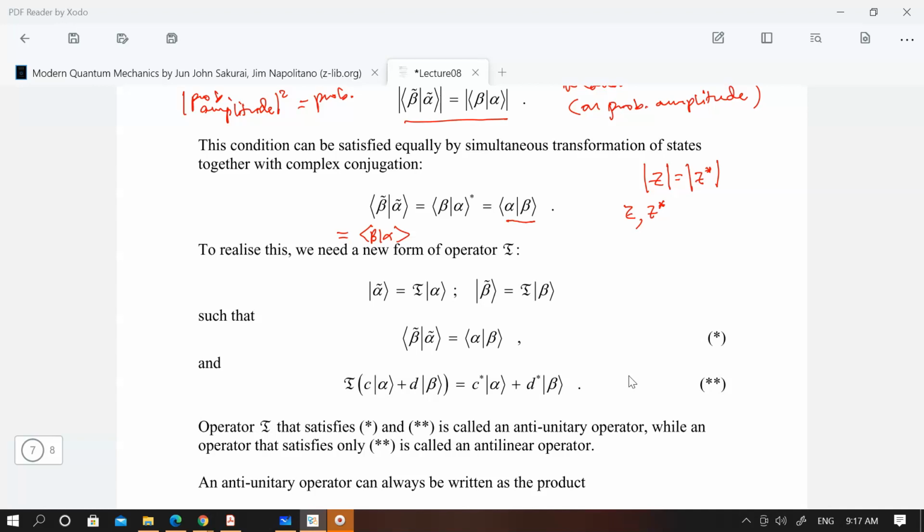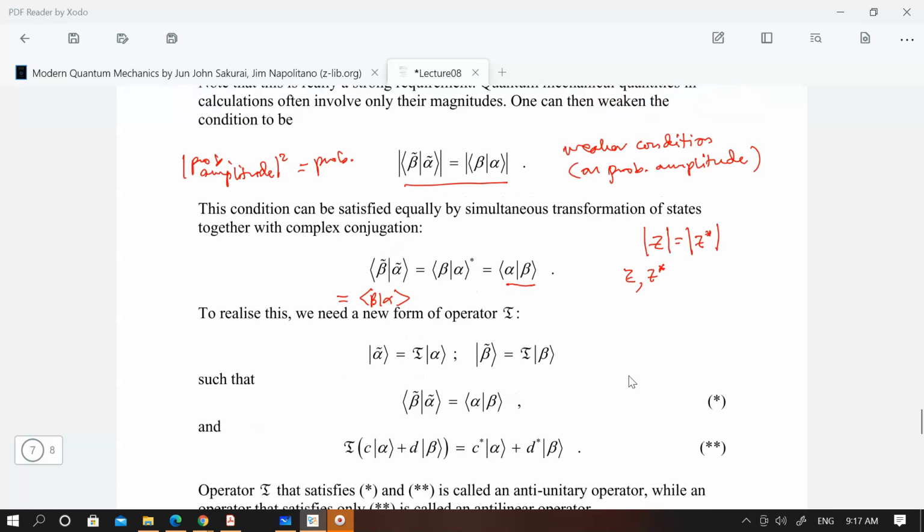So let's do that. We weaken a little bit the condition that we had before. One can actually do this by assuming this condition for the conjugate case for this time reversal operator.